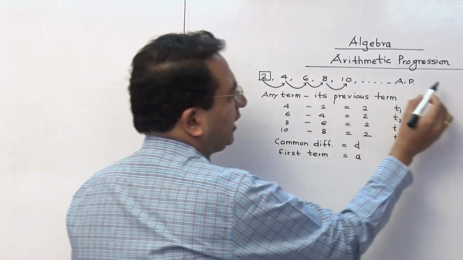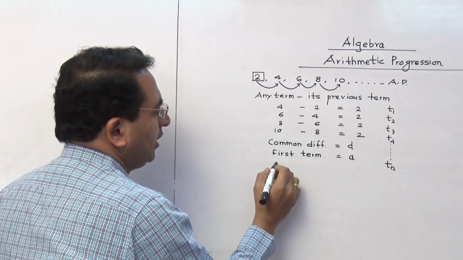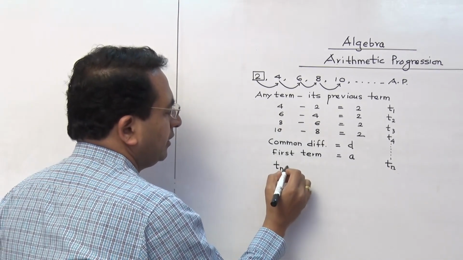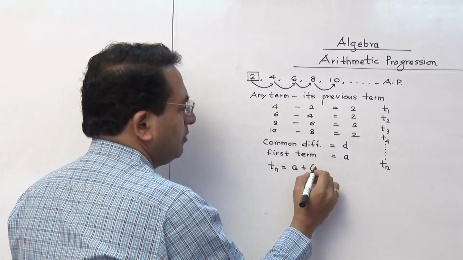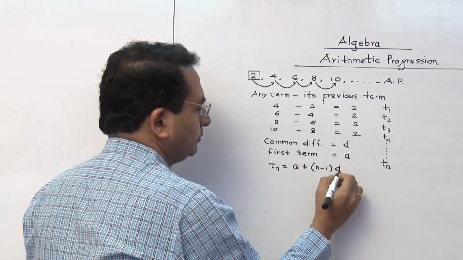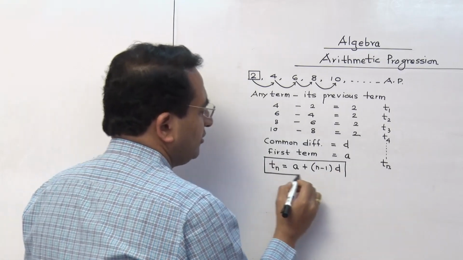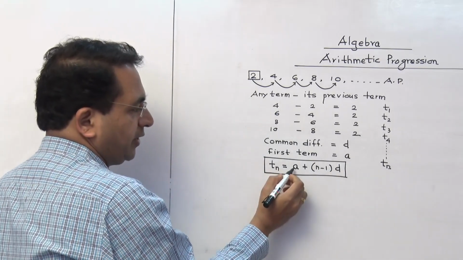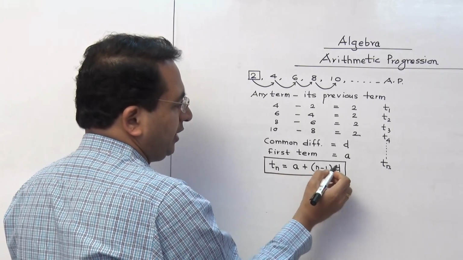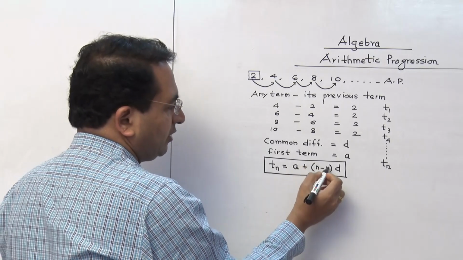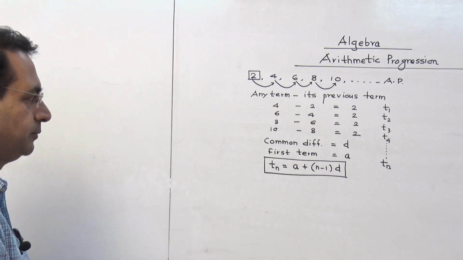Suppose you have 100 terms, then we will write T100. And there is a formula for it. Tn is equal to A plus n minus 1 into D. Please remember this properly. Nth term of an AP is given by the formula A plus n minus 1 into D. See, it is n minus 1 in the bracket and that is multiplied by the common difference.